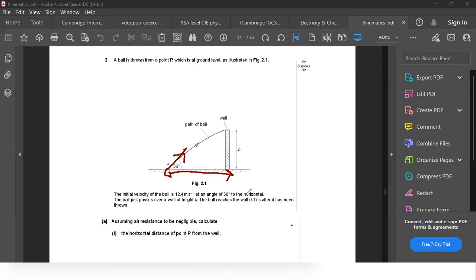If they ever give you the horizontal or vertical velocity directly, then they use words like speed, or I threw the ball at 12.4 vertically, or I threw the ball at 12.4 horizontally. So that word is going to give you an idea that they're telling you the horizontal or vertical component. But if they ever say this is the speed at this angle, then they're talking about the resultant one.